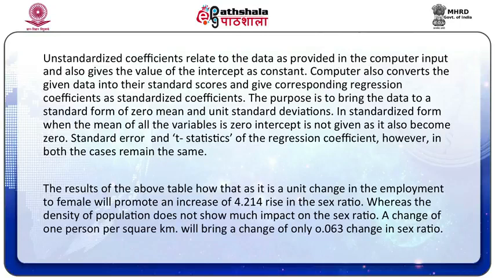The purpose is to bring the data to a standard form of 0 mean and unit standard deviation. In standardized form, when the mean of all the variables is 0, the intercept is not given as it also becomes 0. Standard error and t statistics of the regression coefficients, however, remain the same in both cases.